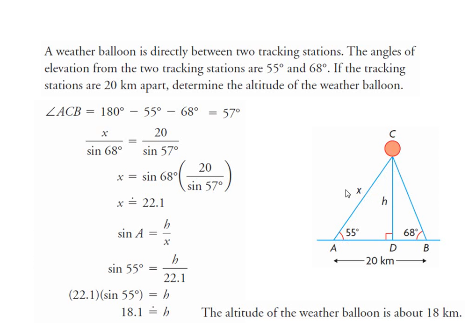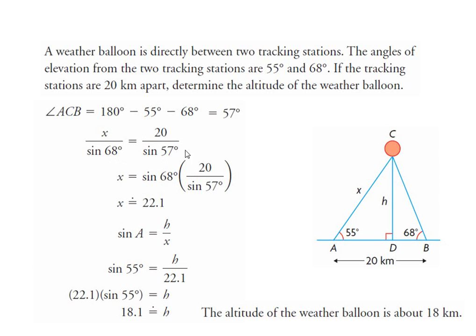And then we use sine law. So x over sine 68 is equal to 20 over sine 57. And then we write down the equation, or say the sine law. There is only one unknown, so let's solve this equation.